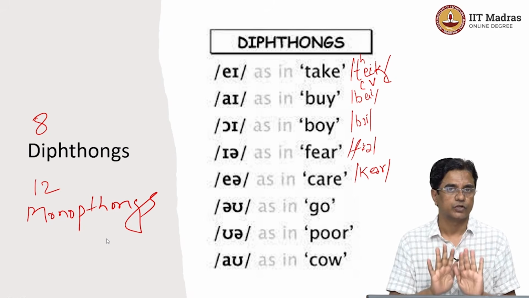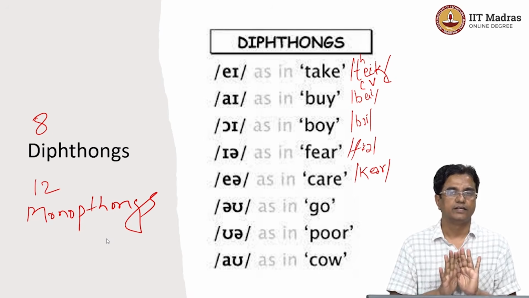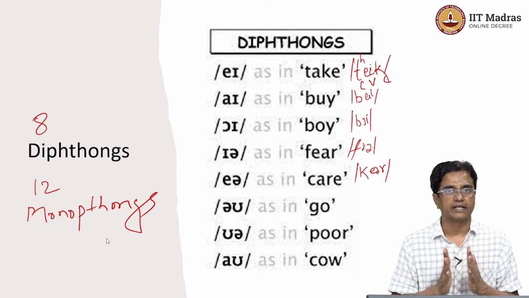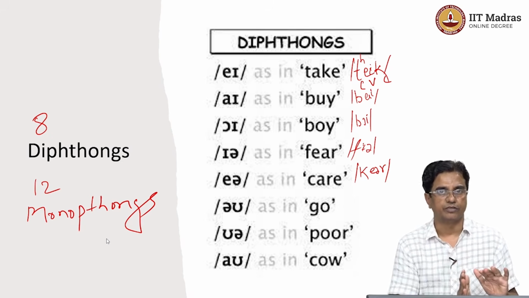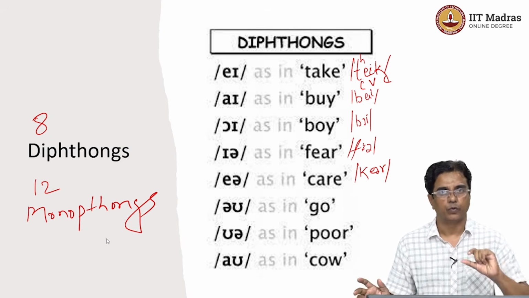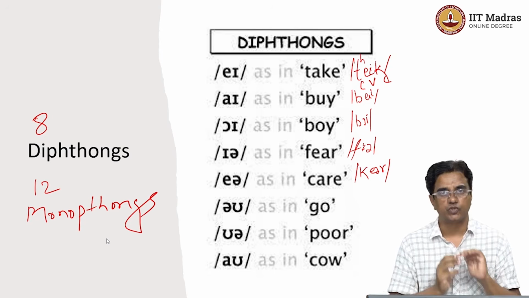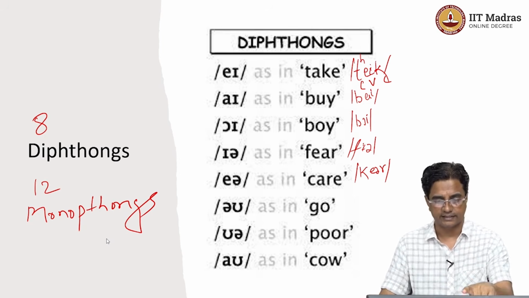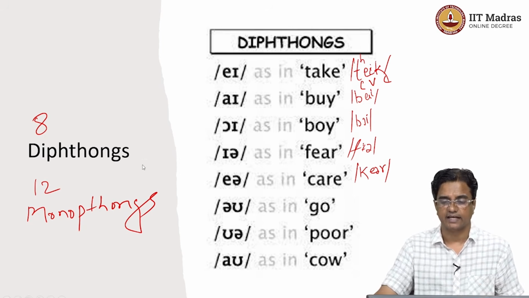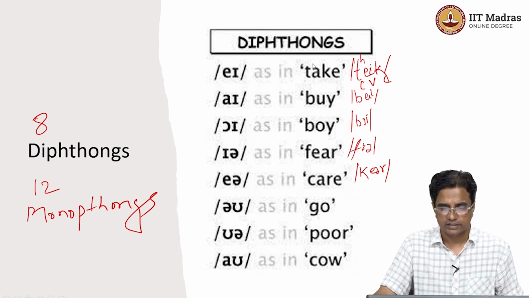So, to conclude this part, at one level we have seen all sounds being classified in 2 parts: consonants and vowels, 20 vowels. When we look further, we see 12 monophthongs, 8 diphthongs. These are the 8 diphthongs. This is how they sound, and this is how they appear in words.